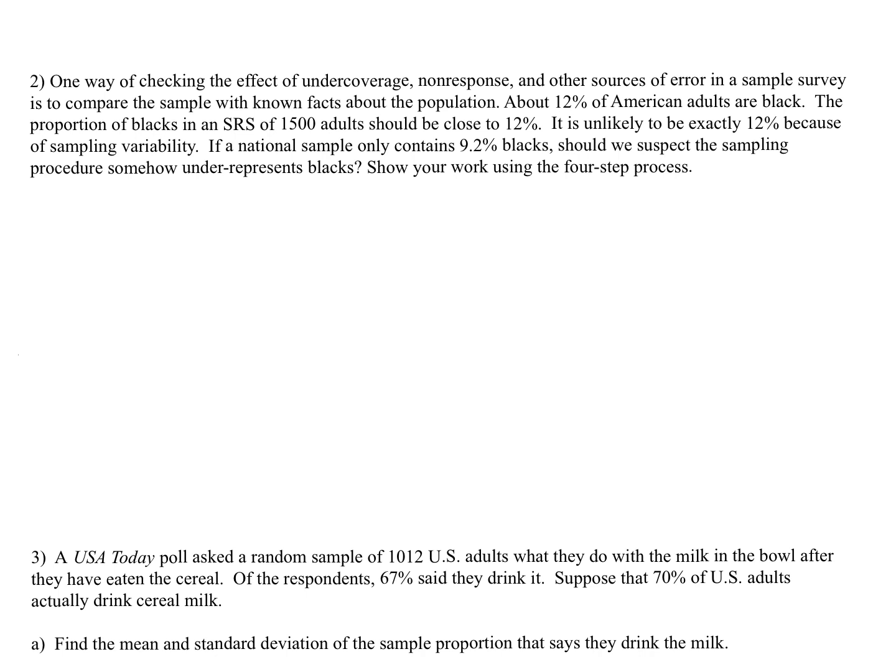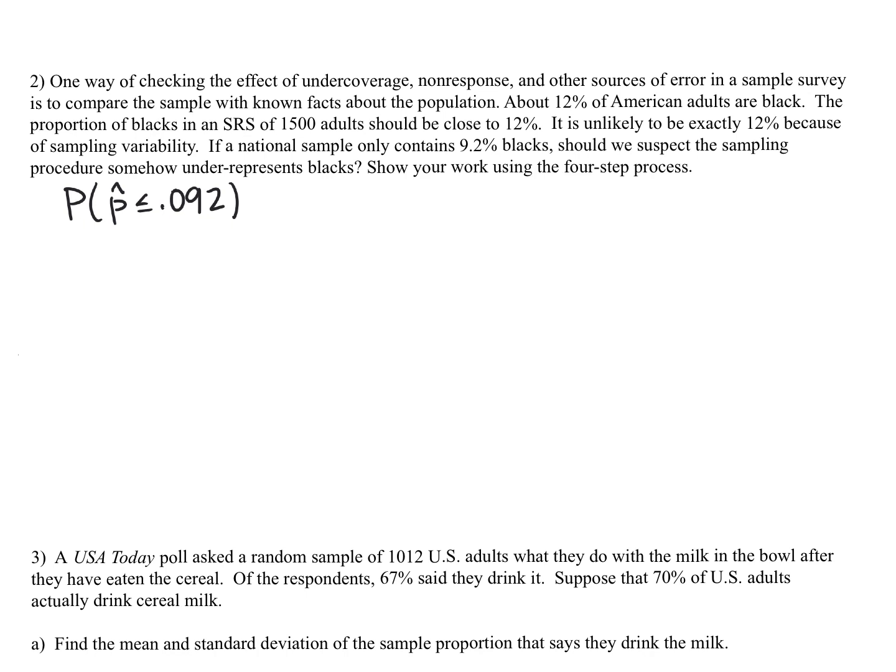So we're basically trying to determine if our sample, which came up to be 9.2% Blacks, is different due to sampling variability or due to undercoverage, non-response, or other sources of error. So we're trying to find the probability that p hat is less than or equal to 0.092.